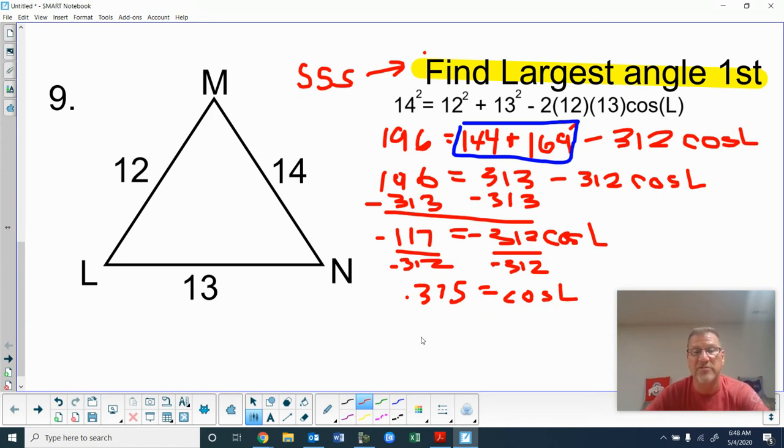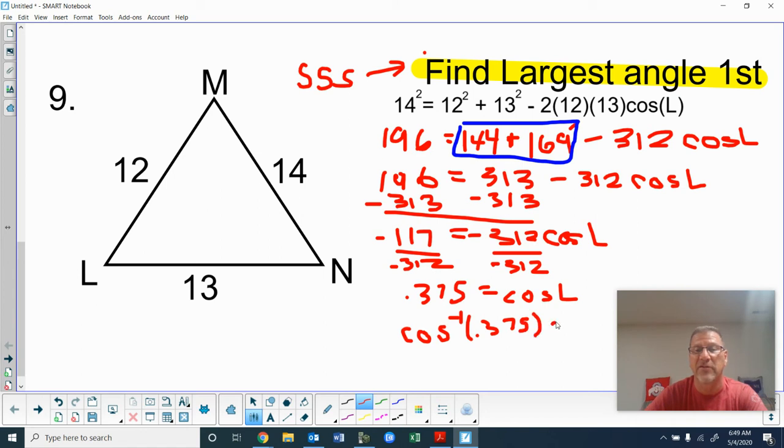But this is law of cosines, so it's inverse cosine of that 0.375 will give me angle L. So I'm again just doing that in my calculator.